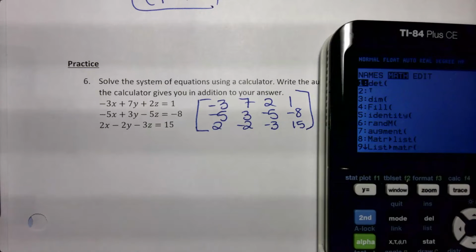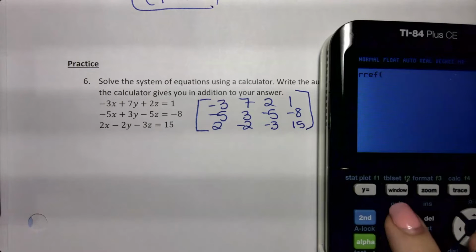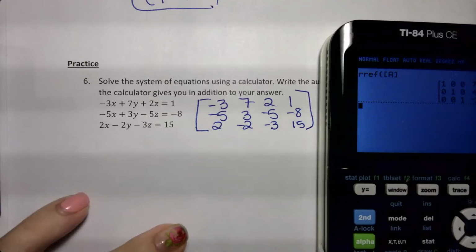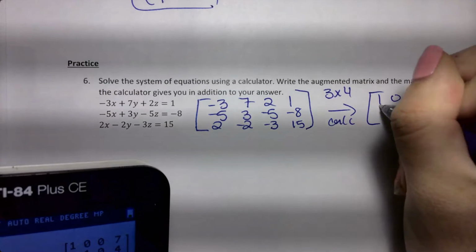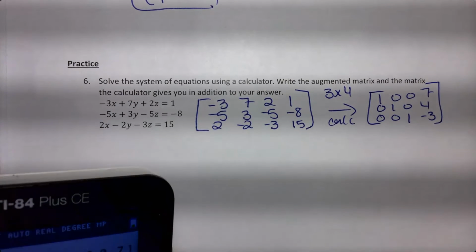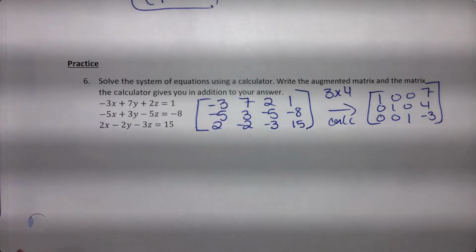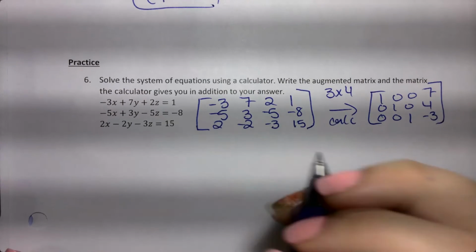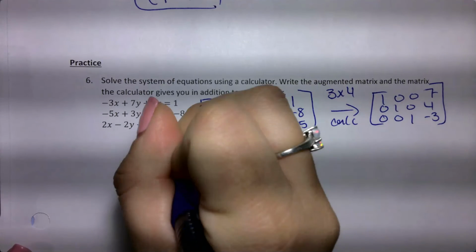I'm going to go to math, arrow down to B. Then I'm going to go second matrix, put it in that first matrix, which I'm going to copy down. So this goes ahead and gives me a nice square diagonal of 1s and then 0s everywhere else. So my answer here is 7, 4, -3 in parentheses.